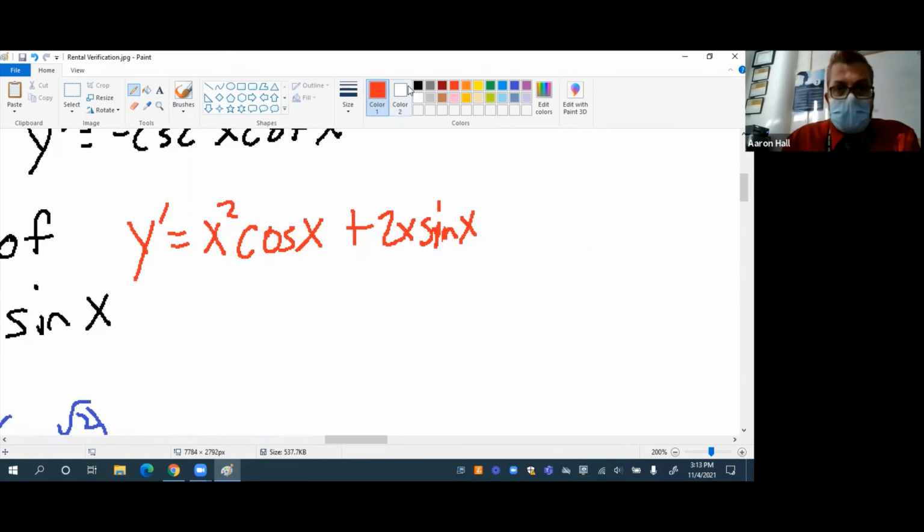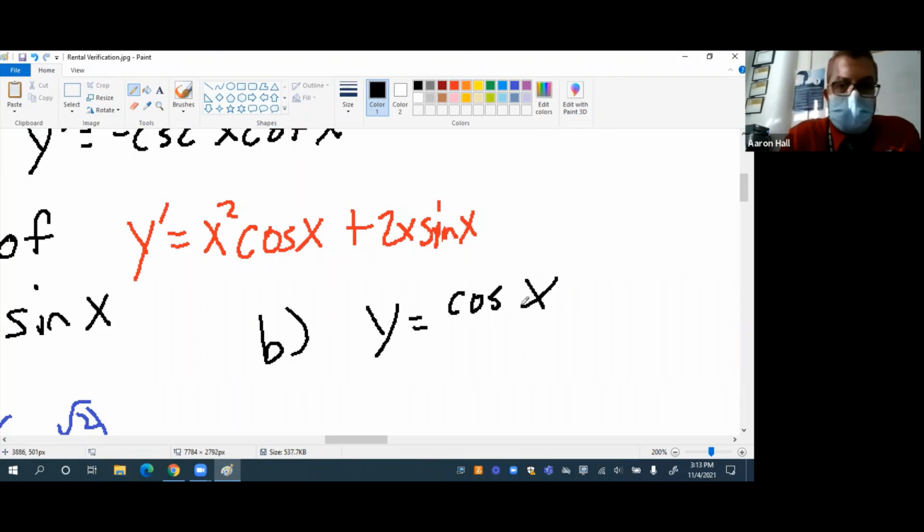Okay, another one. Actually, I think this is the last one. I want the same directions. I want to find the derivative of cosine of x over 1 minus sine of x.